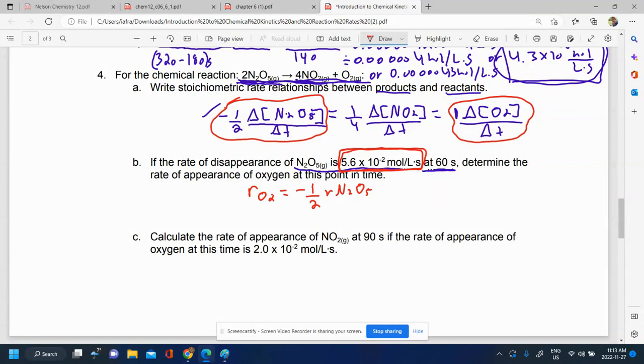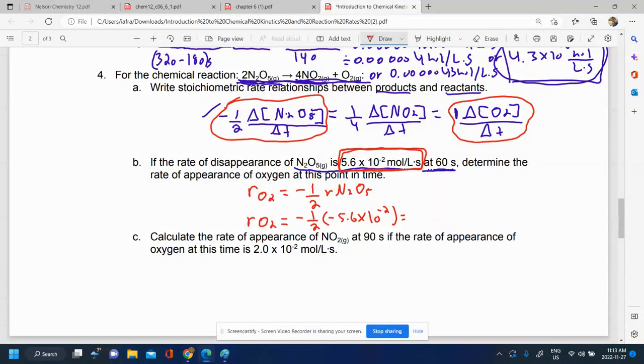So what we're going to do is rewrite this as the rate of oxygen production is equal to -1/2 times -5.6 times 10 to the power of -2, and then the units are the same. I'll write them at the end.